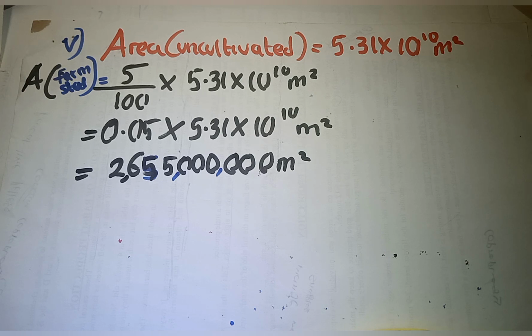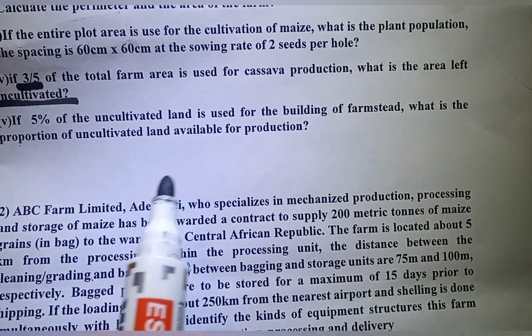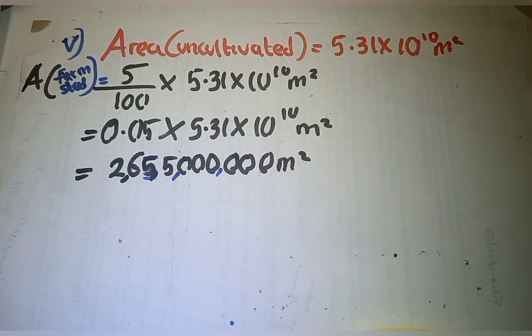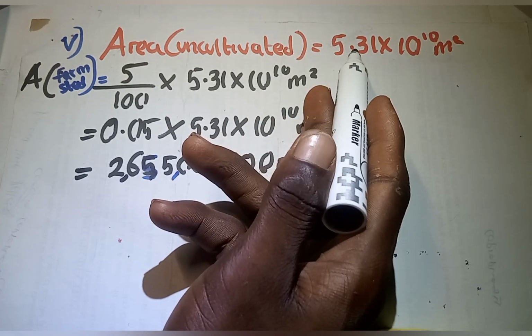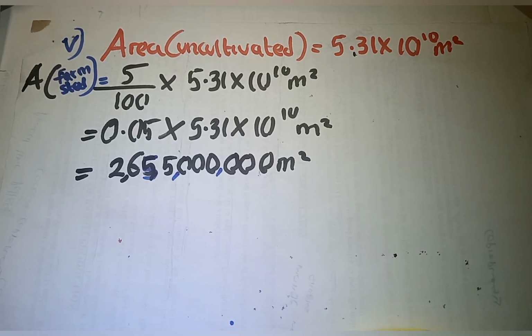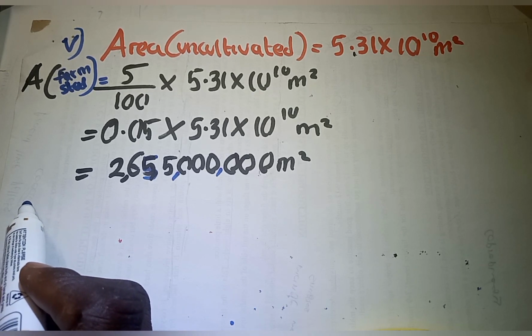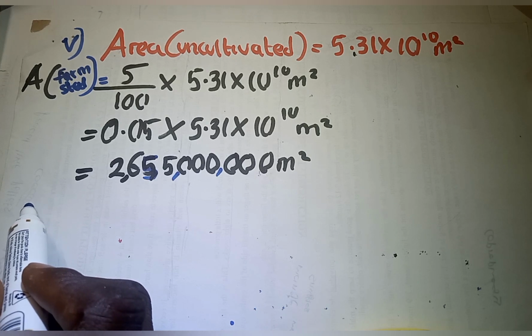The question says that I should find the proportion of the uncultivated land available for production. So to get the proportion of land available for production, I subtract the area that has been used to construct the farmstead from the total uncultivated land.